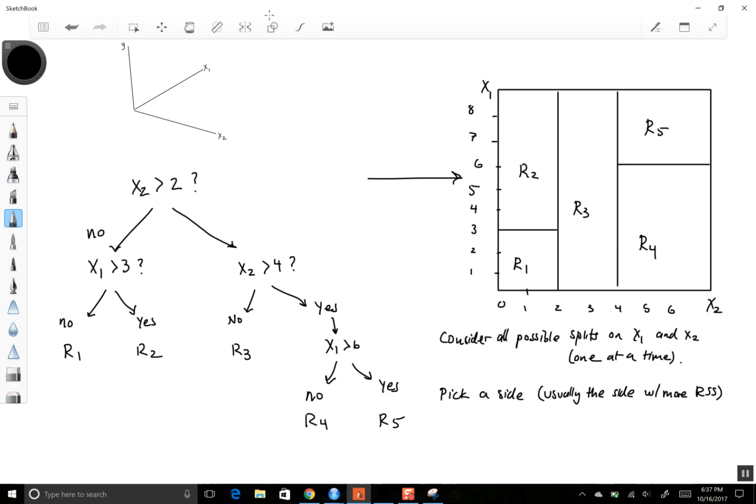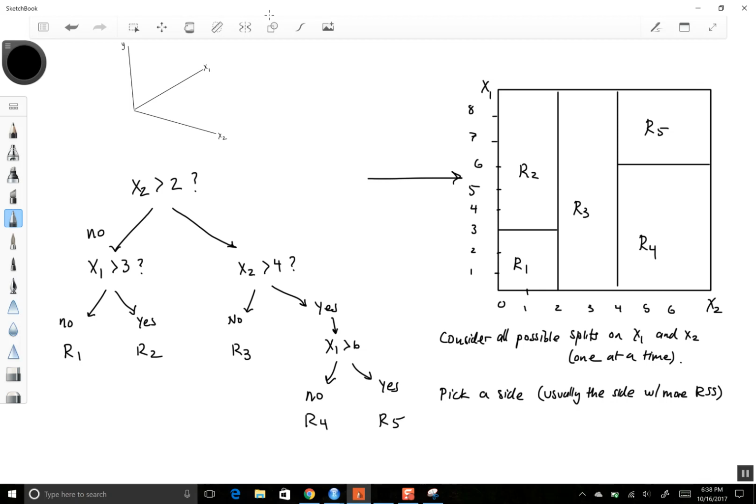So we just keep partitioning the data, and then after partitioning the data, we look at the resulting spots and we partition that, and we look at the resulting split and we partition that, and we keep going until we reach some kind of stopping criterion. The stopping criterion could be like the minimum size of a resulting partition has to be at least 5 or something, right? You might have a minimum number of observations. That's a common one. Or you can say, you know what, don't grow the tree more than 10 splits deep or something like that.